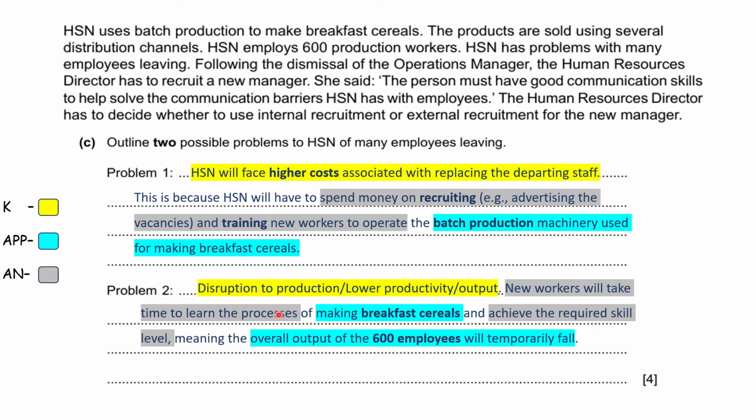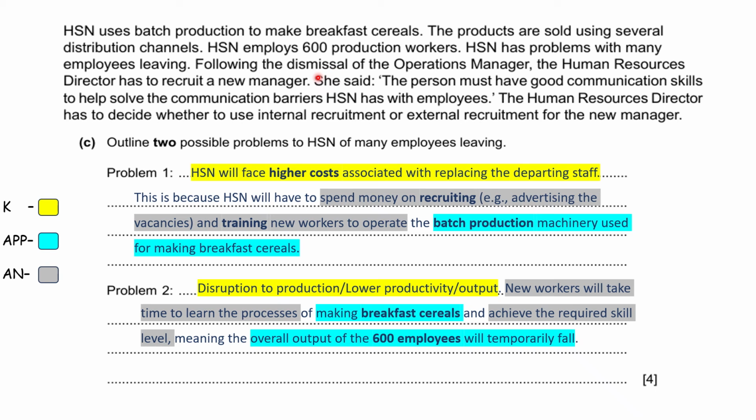Now, in order to answer the third question, you need to read through the scenario very promptly. Let's start reading it. HSN uses batch production to make breakfast cereals. Products are sold using several distribution channels. HSN employs 600 production workers. HSN has problems with many employees leaving.